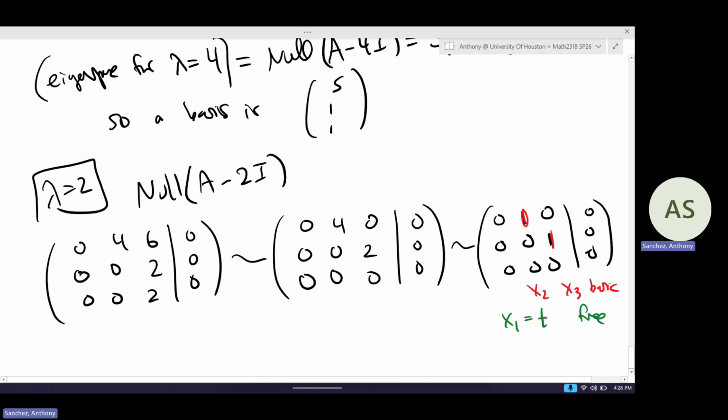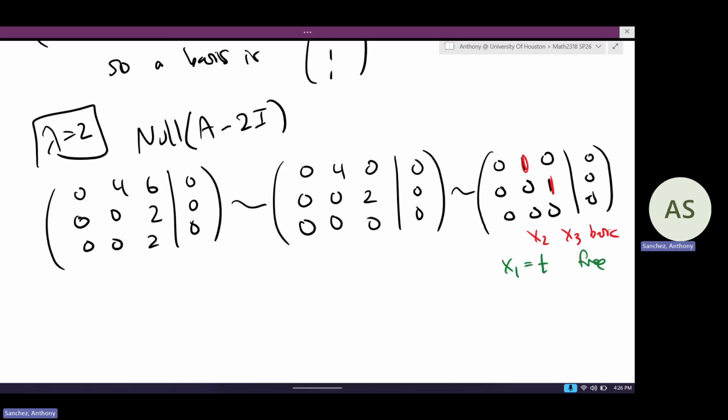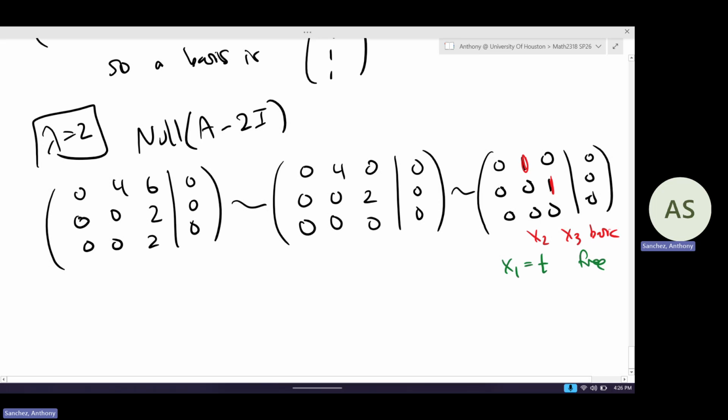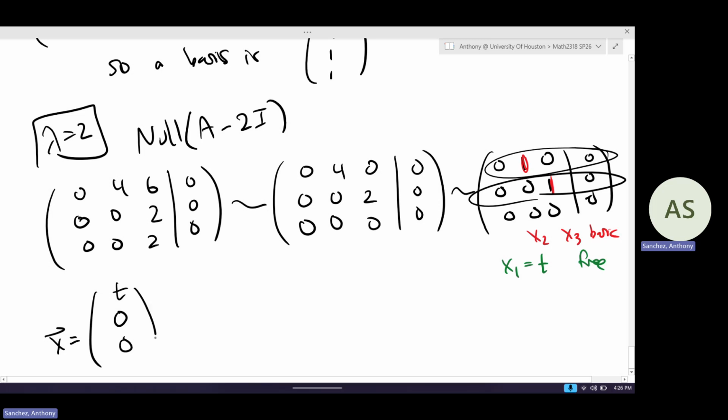And so we give it a name, and we just call it t. And when I call this t, then now I can write down the general solution. x1 is going to be t by construction. x2, according to this equation, is going to be 0, and x3, according to this equation, is going to be 0 as well. So this is just t times (1, 0, 0).